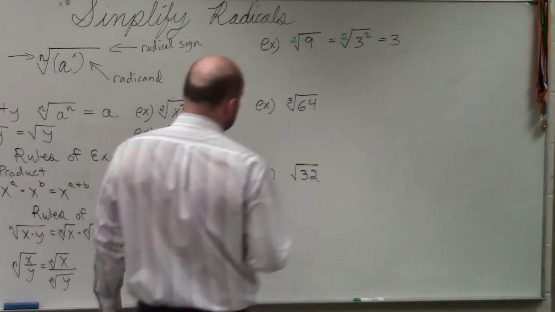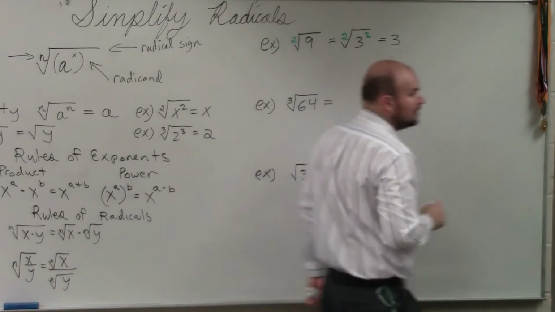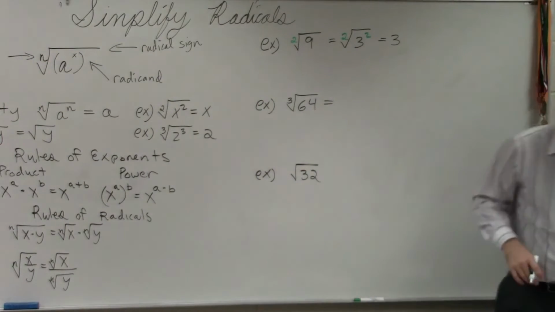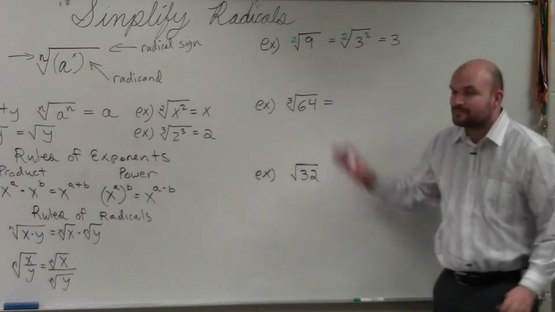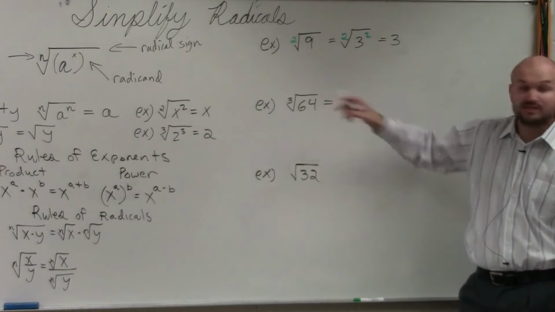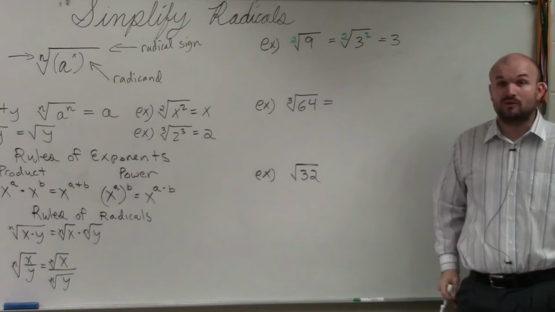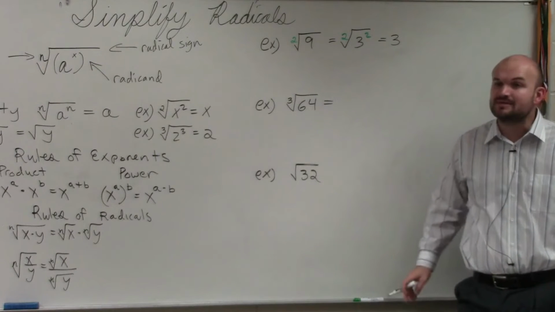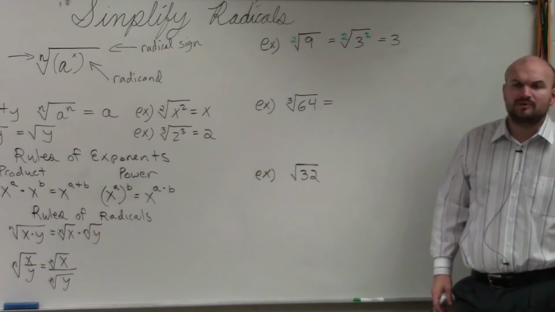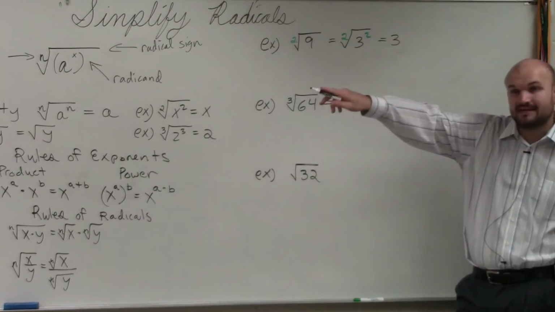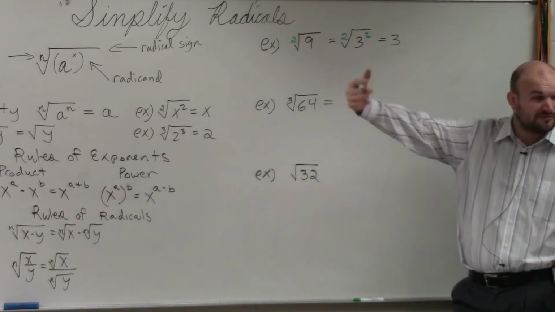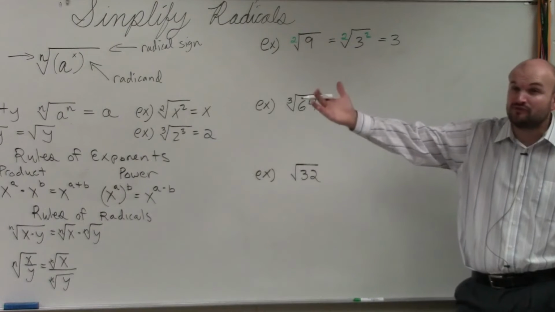Now in this next one, if you guys look at this problem over here, this one's looking for cubes. So I need to figure out what number multiplied by itself 3 times. Now, if you're having trouble with identifying the cube numbers, that's why I provided them over there, because I know you guys aren't as familiar with cube numbers or numbers to the 4th power.